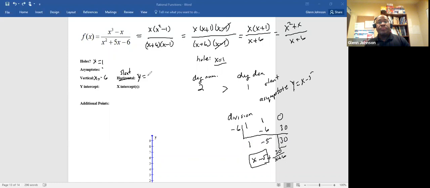So now that we've got the vertical asymptote, we've got a slant asymptote. So now we're going to go ahead and find the x and y intercepts.